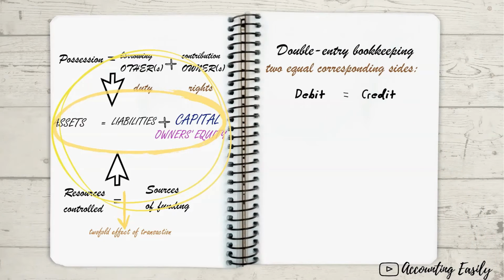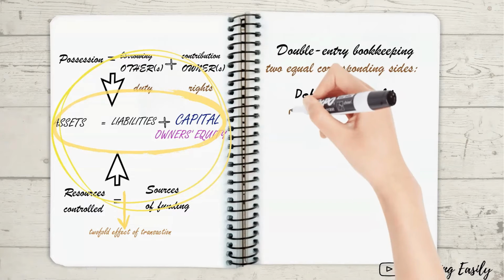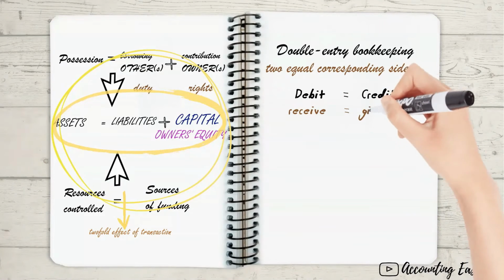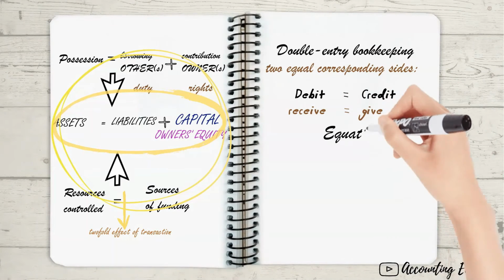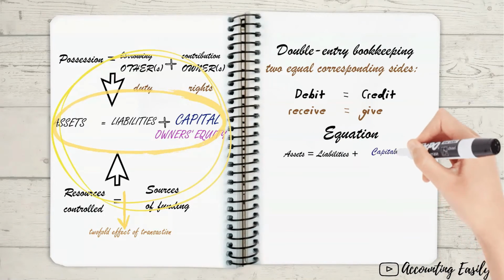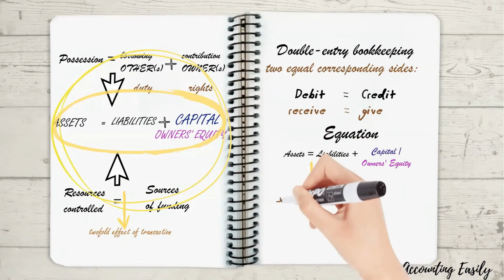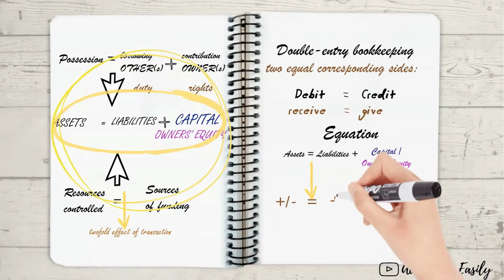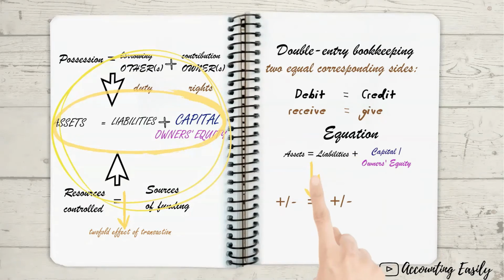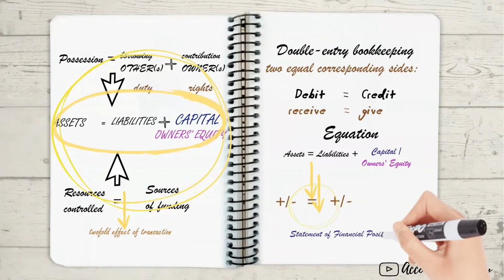Debit and credit is not about bad and good as people commonly assume. In an easy way, you can think of it as the value received and the value given. Now you understand that the equation is always applied and has a twofold effect, whereby in the double entry system the adjustment is done to carry the two equal corresponding sides. This note will prepare your skill for the statement of financial position or balance sheet.